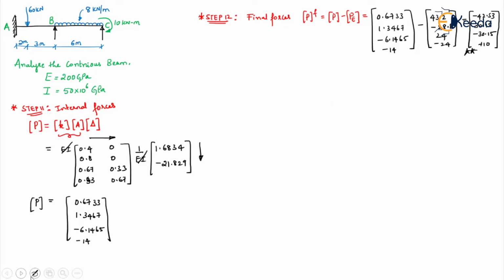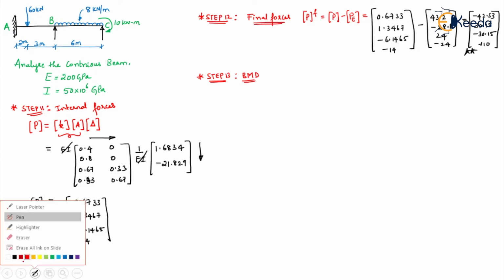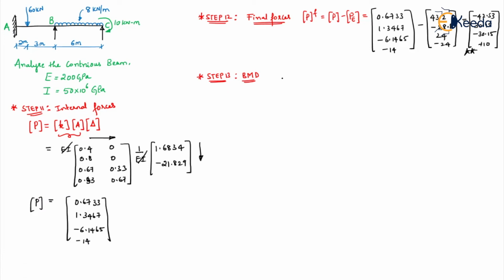Okay. So now after finding your final forces, what is the next thing you have to do? You have to draw your bending moment diagram, BMD. Now for drawing BMD, please put the final forces into a system. Okay. So here this is minus, so this will be anti-clockwise here. So this should be in the order of AB, BA, BC, CB.